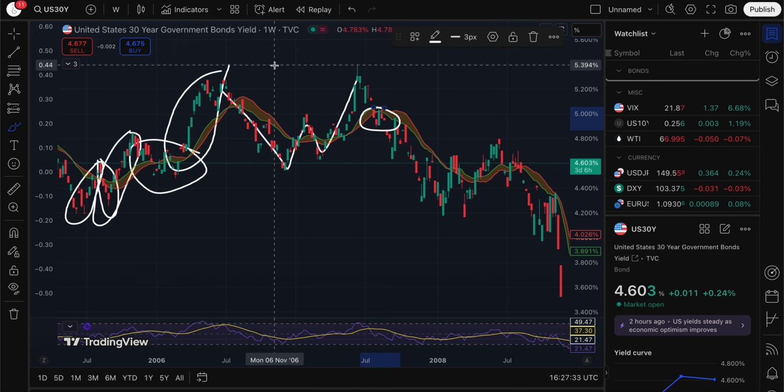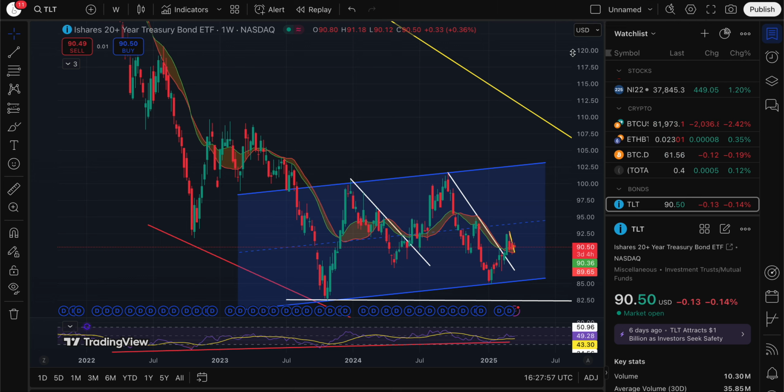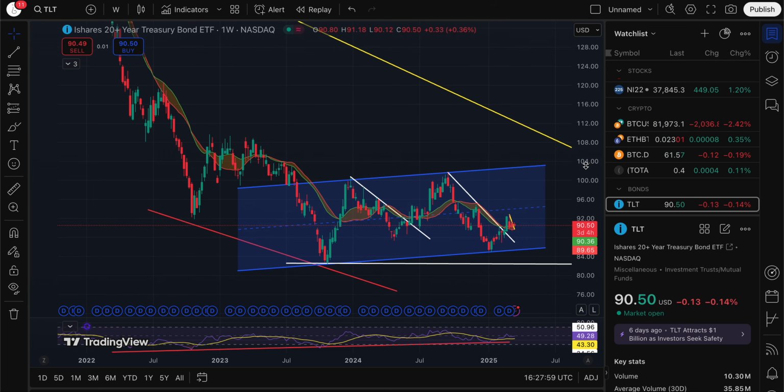Now, again, things play out. Each cycle is very much a story of its own. Again, I can find many things to pick on with this parallel, and I'll do it right away. The first big difference you see is that we didn't have a sweep of the first high. And if you actually go to the chart in TLT, this conflicts with one of the things I've pointed out many times.